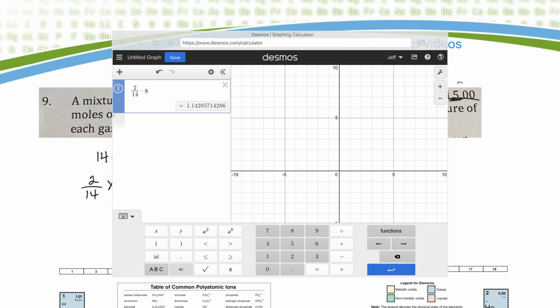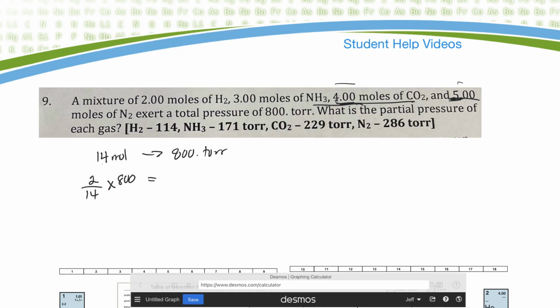There we go. 114.29, and that would be torr. And I guess we're rounding it to 3 sig figs, so we call it 114. And then ammonia would be 3 out of the 14 times 800. Multiply, and it'll give you the next number. Okay, that's how you can do that one.